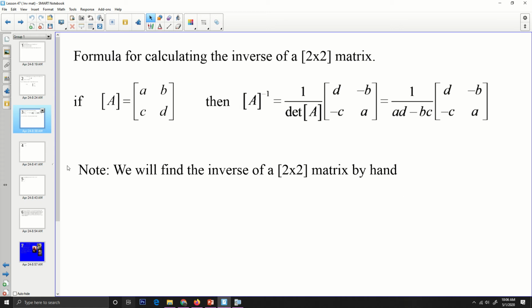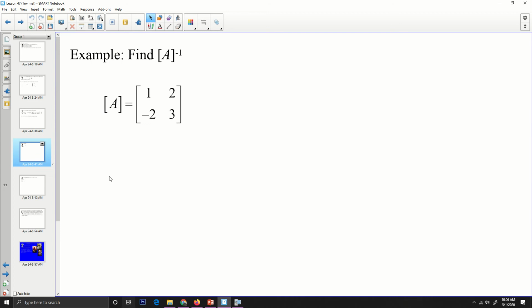All right. So let's do an example of that. Here is our given matrix, and we want to find A inverse. The A inverse matrix is going to be equal to 1 over the determinant. Remember, the determinant is AD minus BC, so it's going to be 1 times 3 minus the quantity -2 times 2.